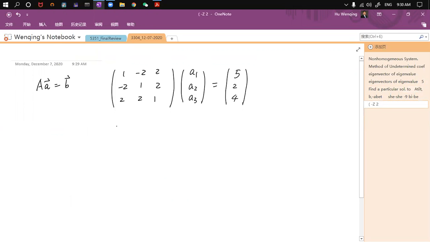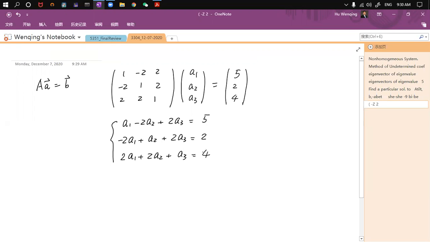So that means you're going to have the system of equations: A1 minus 2 times A2 plus 2 times A3 is equal to 5; minus 2 times A1 plus A2 plus 2 times A3 is equal to 2; and 2 times A1 plus 2 times A2 plus A3 is equal to 4.